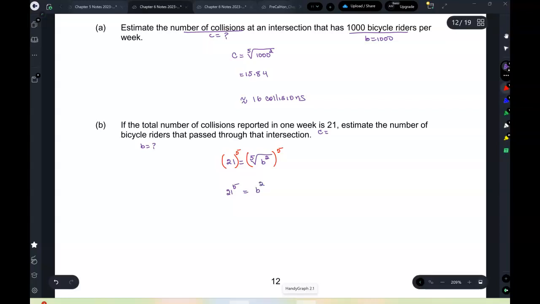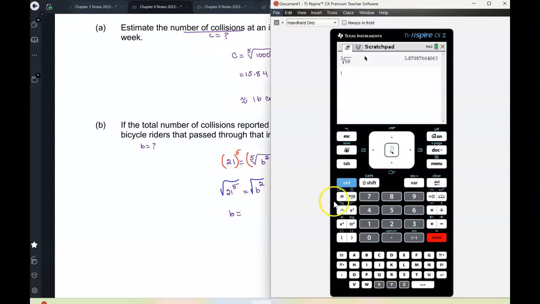What do I do now? Take the square root of both sides. So B, technically, should be plus or minus. But do we care about the minus in this case? No. So this is going to be the square root of, right? Please plug it in one shot. The square root of 21 to the power of 5.